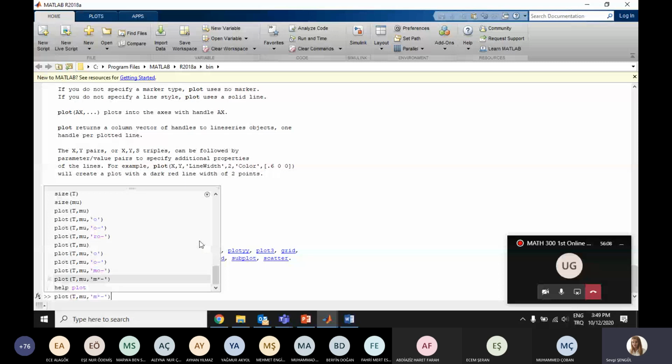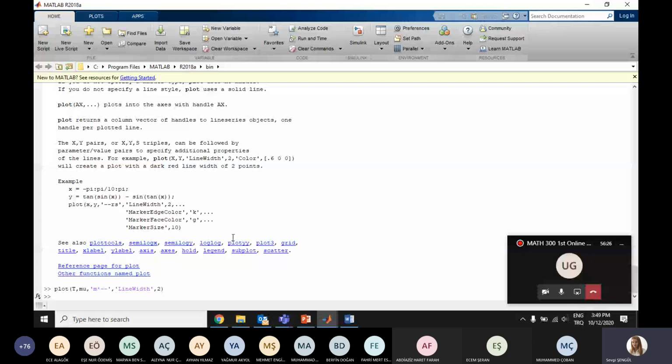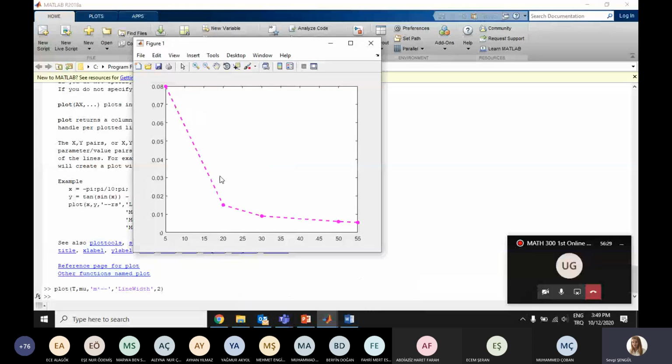Okay, and let's do it like dashed, magenta. You can even say here, if I remember it, line width, and you can say that 2. So you can increase the width of your line. See? Okay.